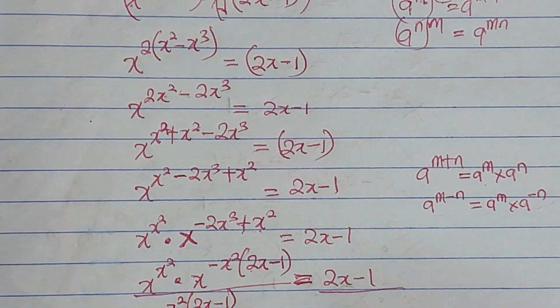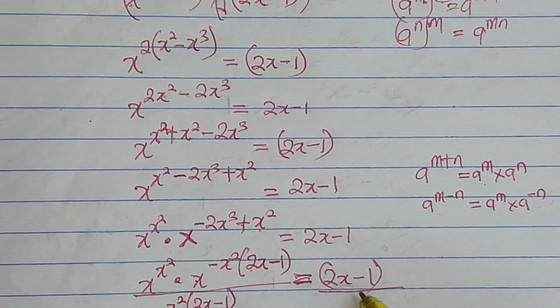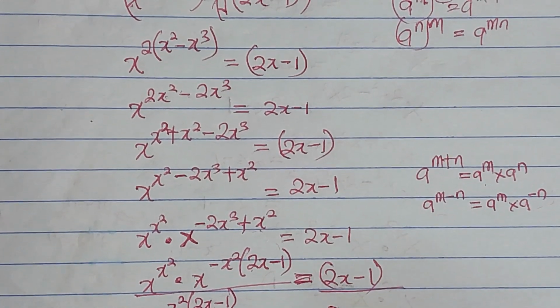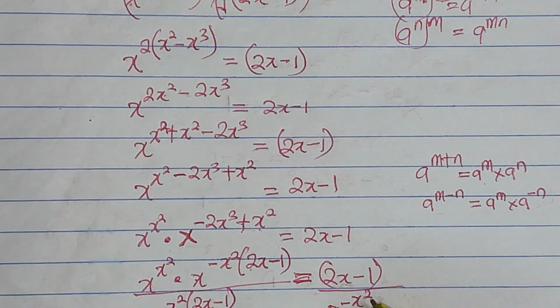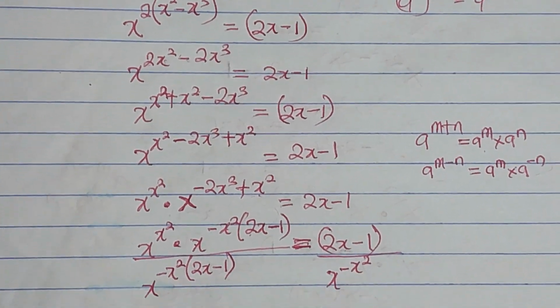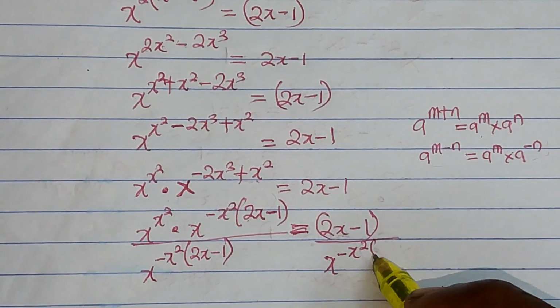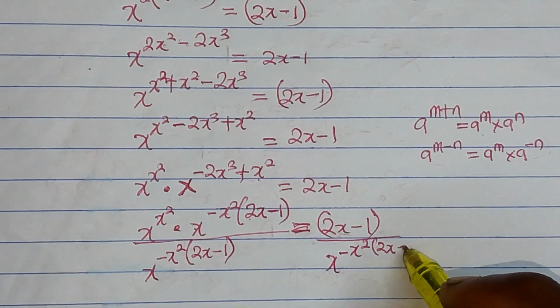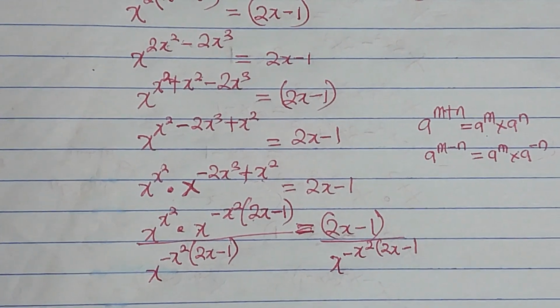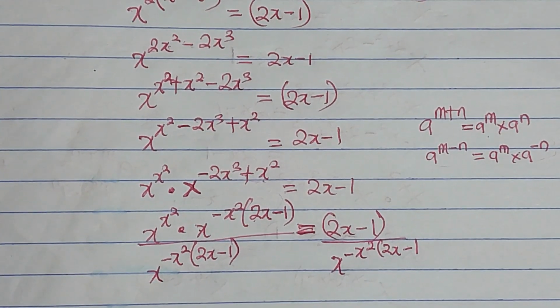And we also divide the right hand side by x to the power of minus x squared multiplied by 2x minus 1, as we are having it.